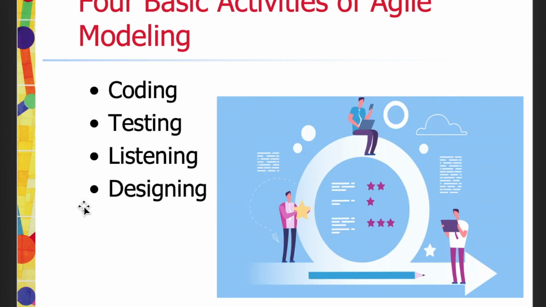There are 4 basic activities of agile modeling. The first one, we need coding. When we have done some part of coding, we choose a proper method, maybe certain features or selective features, or we choose the patch up as we covered previously.